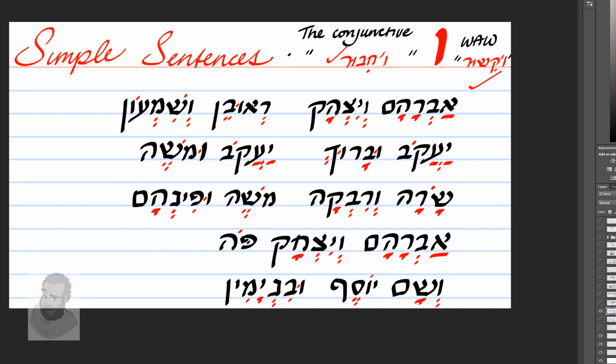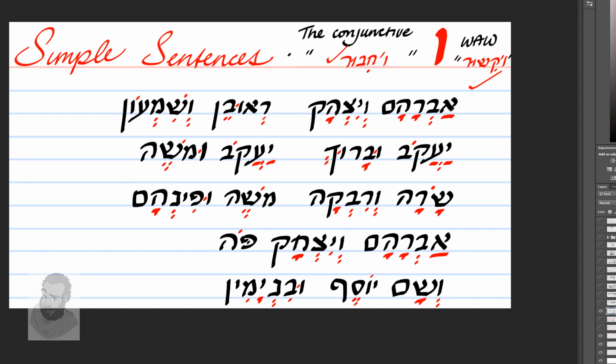Next we have Sarah we Rivka. Not Rivka, but Rivka. Remember the Shoah. Look at the Shoah here, here in Yitzhak, here in Shimon. So we Rivka. Sarah is Sarah, and we Rivka is Rebecca. So Sarah we Rivka.